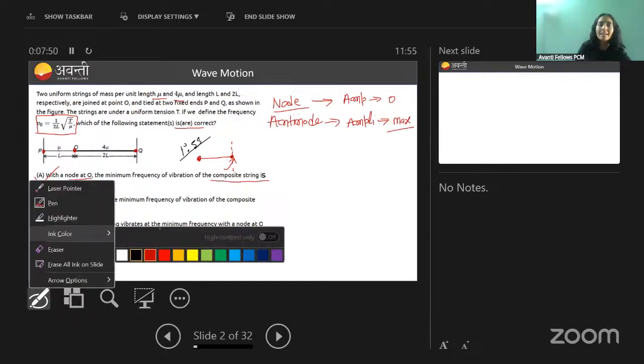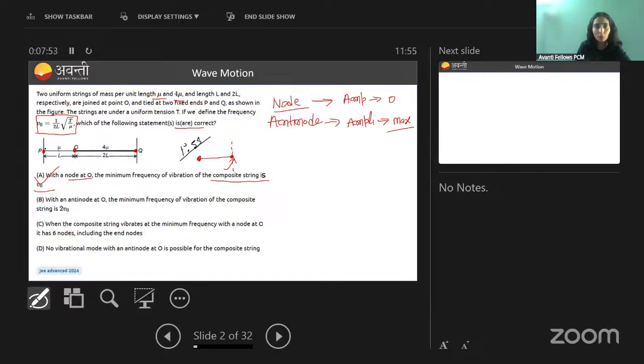How will we do it? Let's talk about the first string first. For the first string, point P is fixed, point O is also fixed because at O we are going to get a node. So the first mode that can get excited will look like this. Then similarly, in the other string of linear mass density 4 mu, here also the first mode that can get excited will look like this. Okay, so let's say here the wavelength is lambda 1, here it is lambda 2.